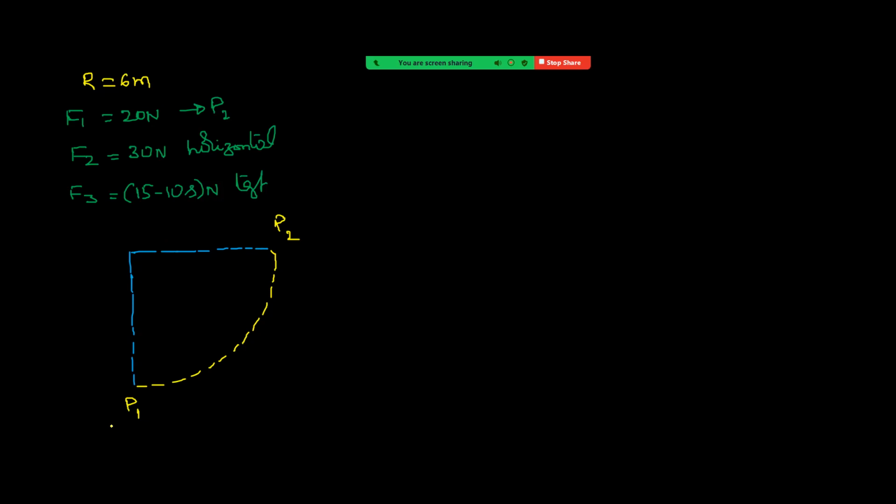Therefore, we can say directly work done by F2 is equal to 30 times displacement 6. 30 always right side horizontal, displacement also right side. We are focusing here displacement component along horizontal, it is also right side. That means it is now 180 joule. So this we can see directly.